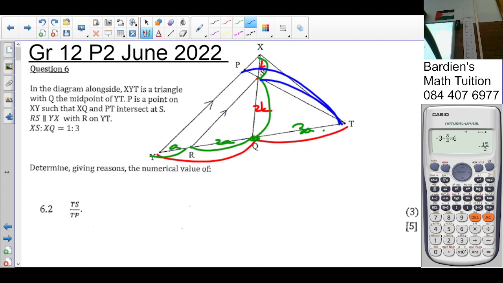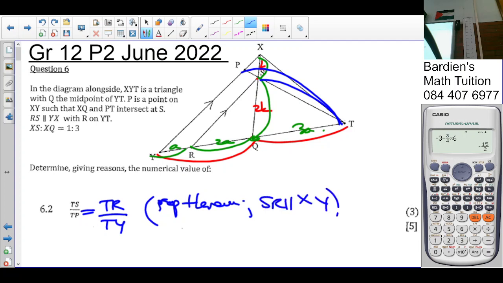TS over TP is equal to TR over T1. Why? Because of the proportionality theorem, with SR being parallel to X1.